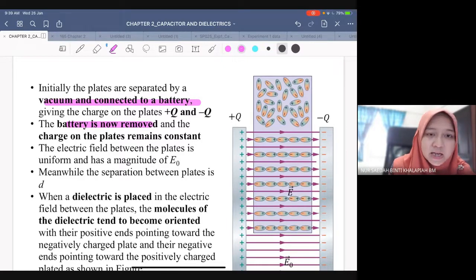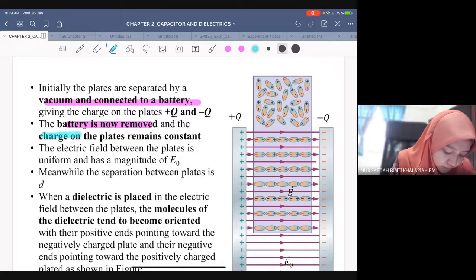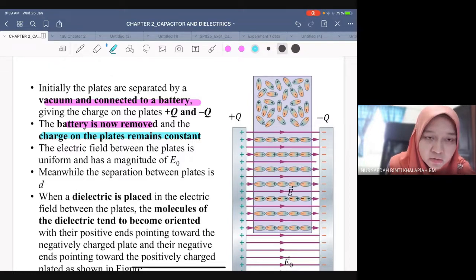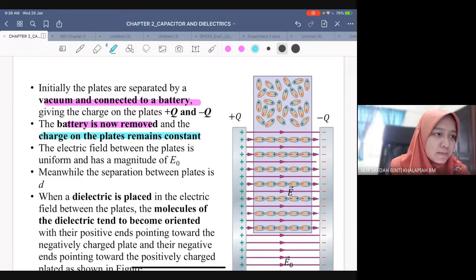Macam mana dengan charge kat phone kita? Kita tak guna phone waktu itu, so charge dekat phone tu akan remain je, duduk dekat situ sebab kita baru je charge phone kita. Lepas tu kita remove the battery, so the charge dekat plates kita akan constant, duduk je dekat plates capacitor tersebut. Tidak pergi ke mana-mana sebab we are not using our capacitor, tapi kita off power supply.